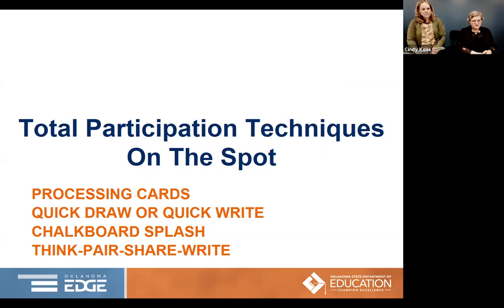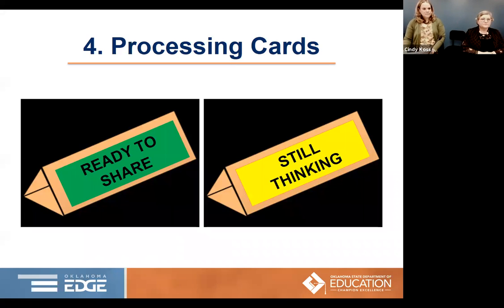Something called chalkboard splash, and many people also do think, pair, share. But I will add the last one, which I actually learned from a first-year teacher when I was observing his classroom. What he said was, before they do the pair, share, and speak to the other ones, they write down why they're doing that. So it's that writing piece that is added.